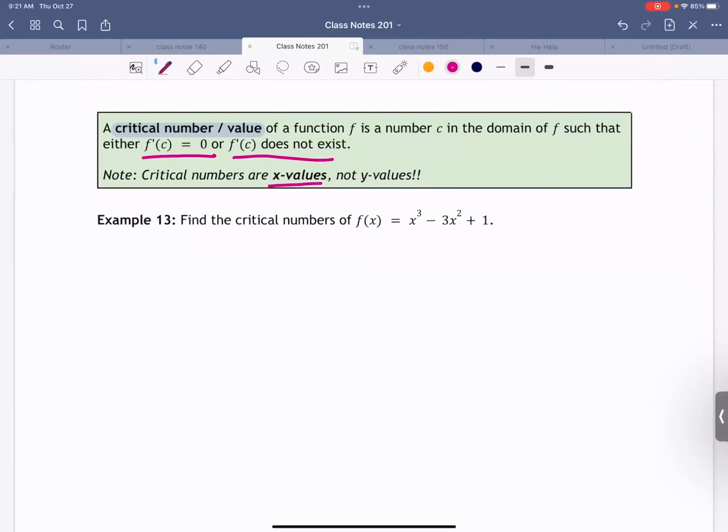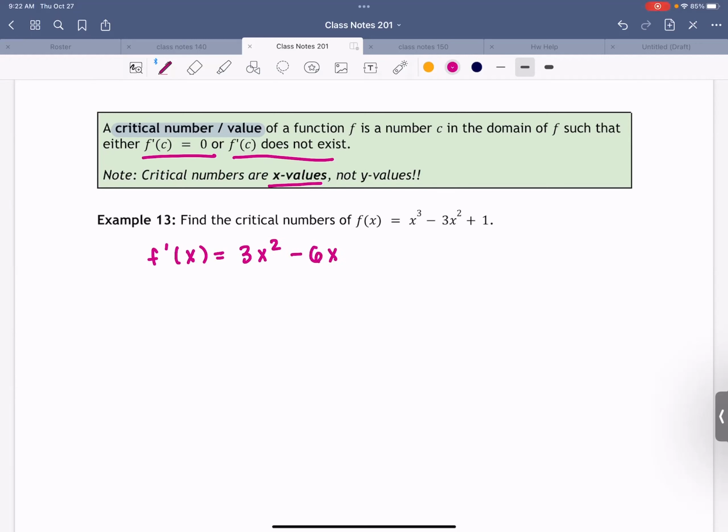In this example, we have x cubed minus 3x squared plus 1, okay? Critical values talk about the derivative, so maybe we should find that, right? So what's the derivative of my function here? 3x squared minus 6x, good.